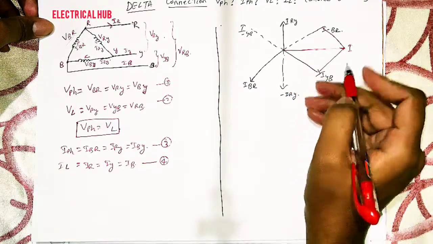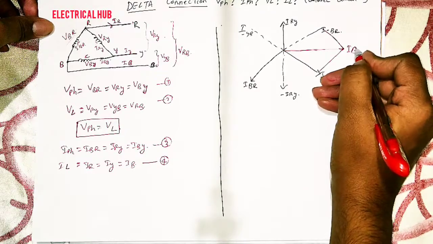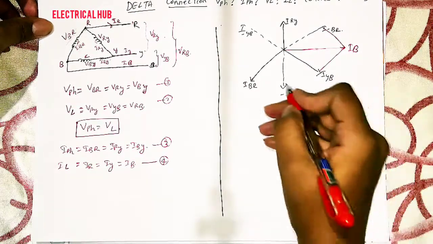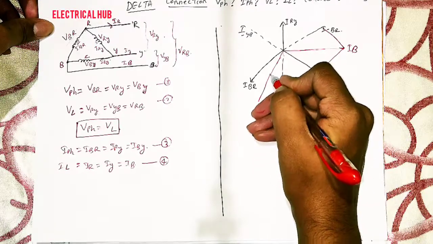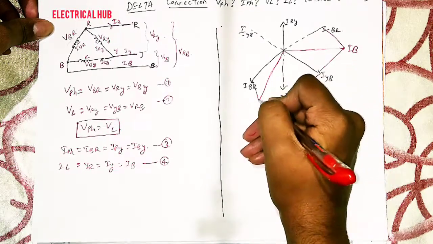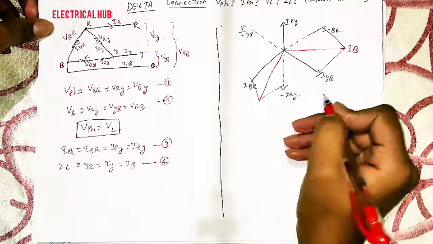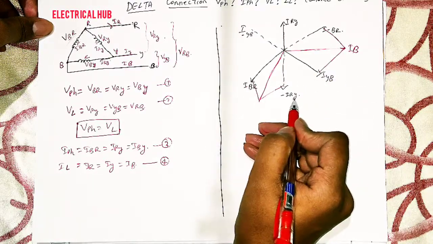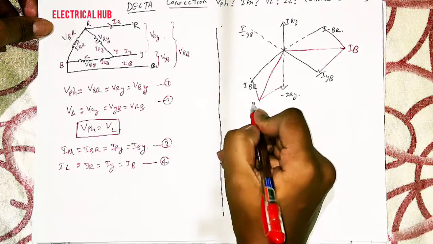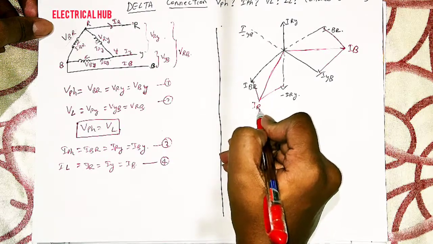The B part is common, so we can call it IB. Alright, and there will also be one more resultant from this side, so just connect it. What are the common components of IBR and minus IRY? The R component is common, so we will write here IR.